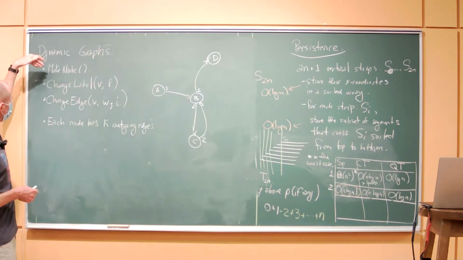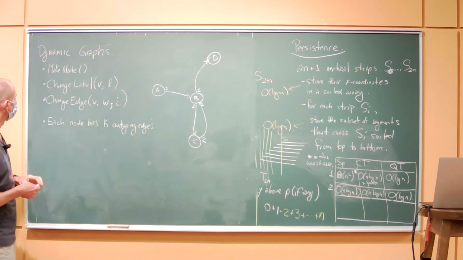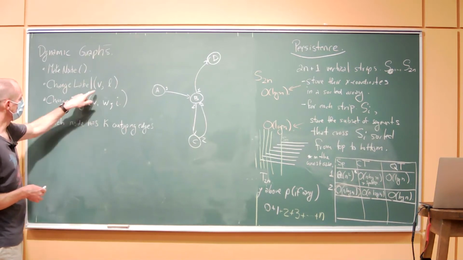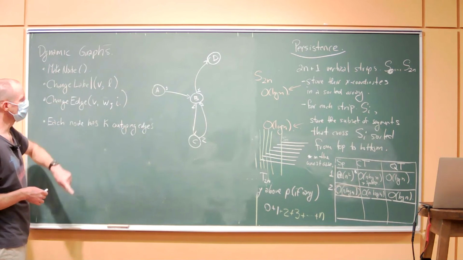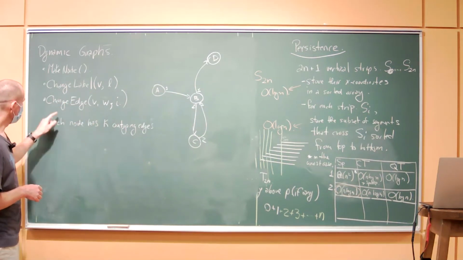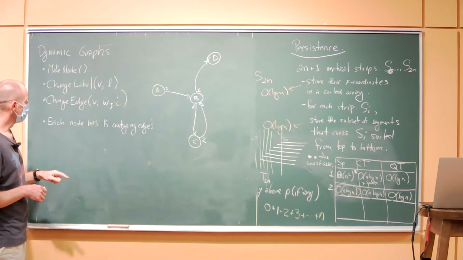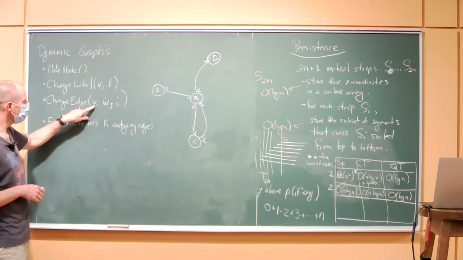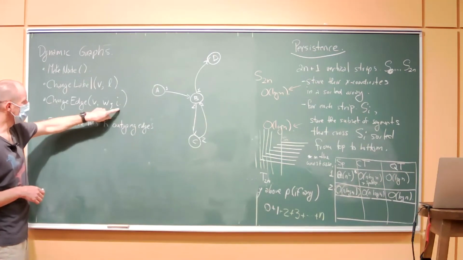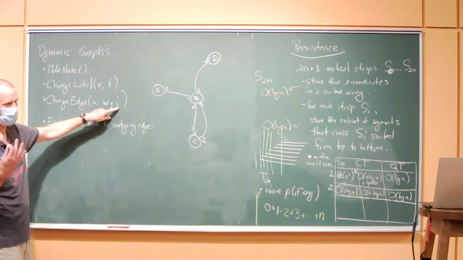So I want to be able to make a new node, with no edges or anything. I would like to be able to change the label on a node V, to update it to some new label L. And I would also like to be able to change the edge coming out of V so that it points to W, where the edge I want to change is the edge in slot i.